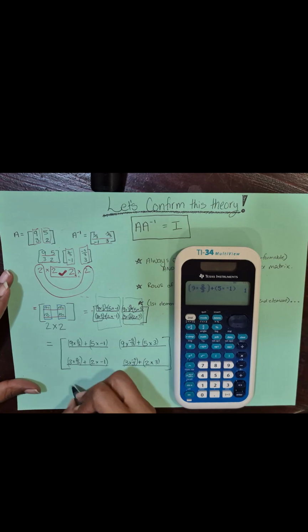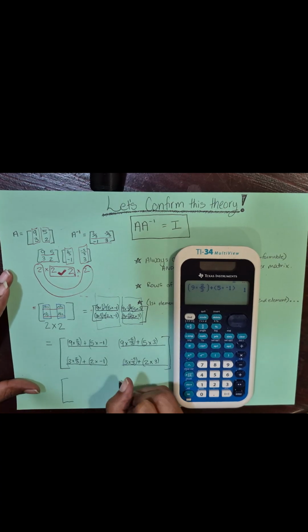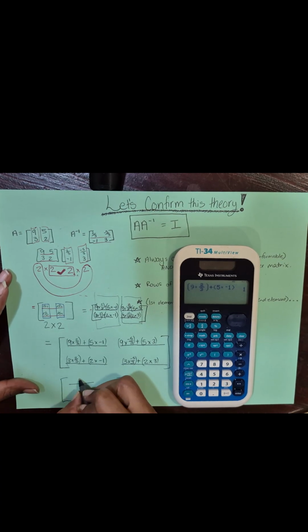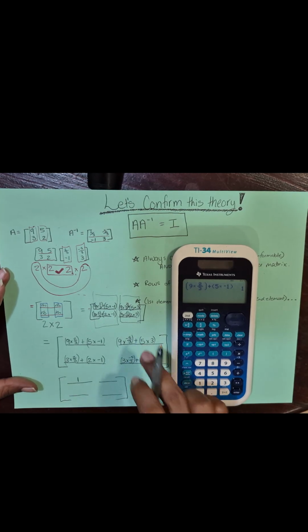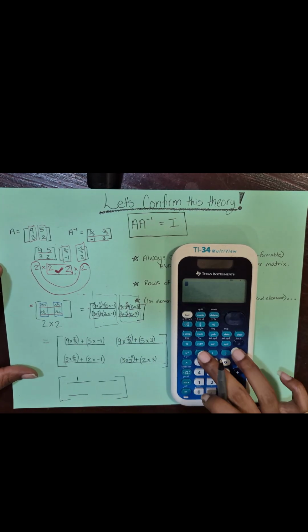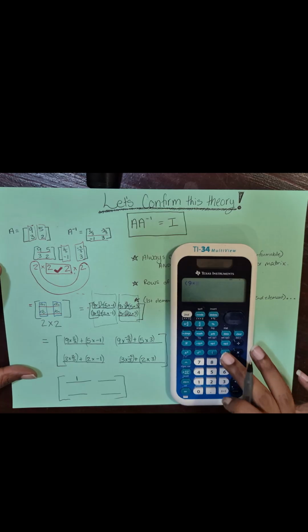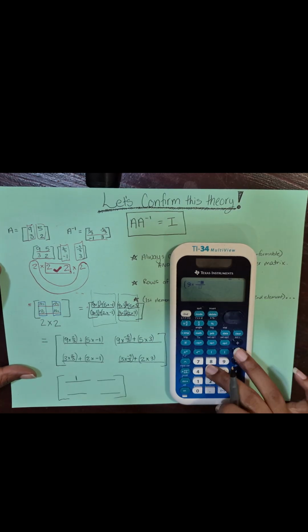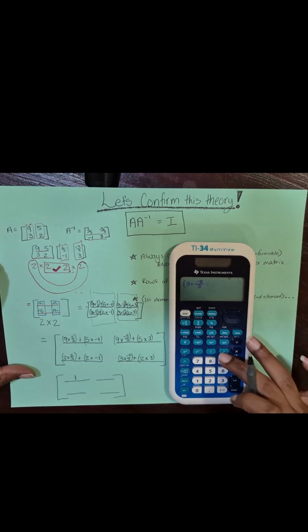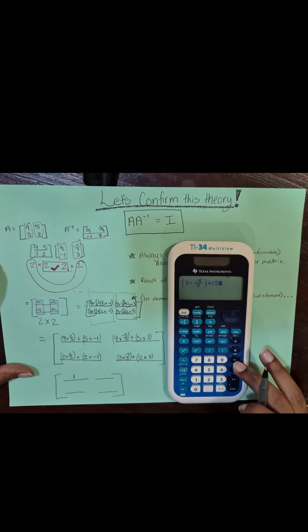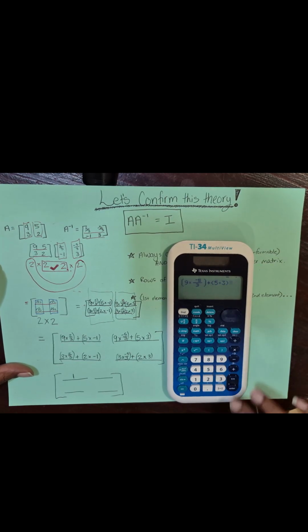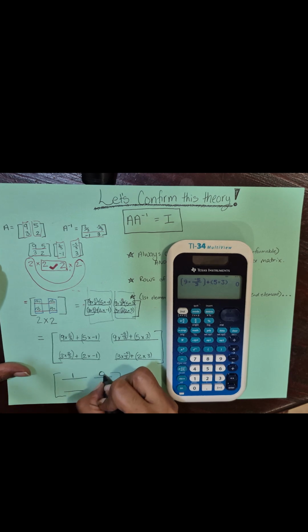That is 1. So that first one ended up being 1. Let's do this next one. We got in the brackets 9 times -5 over 3, close brackets, plus 5 times 3. We got 0.